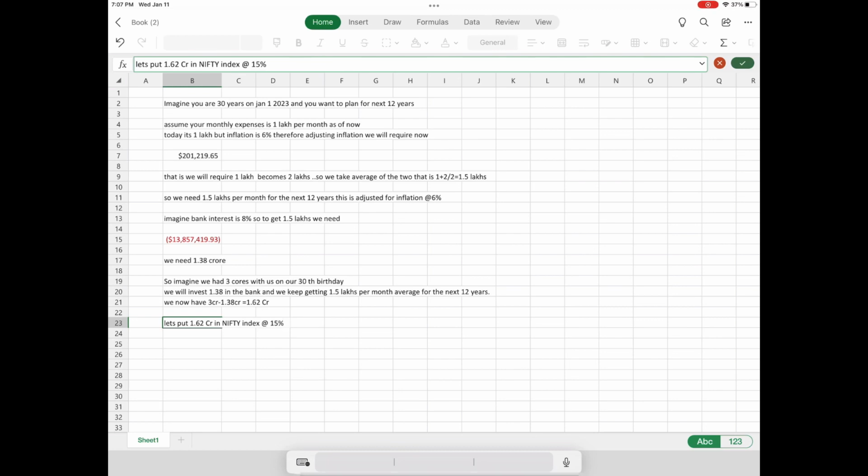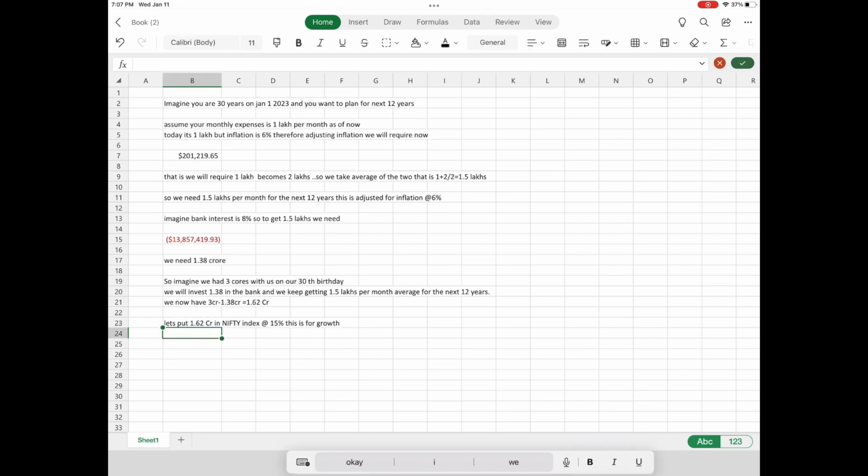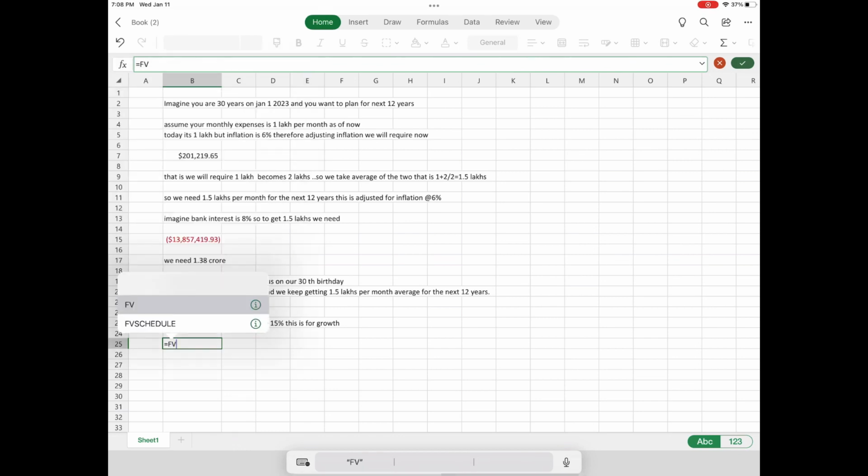Let's understand once again the future value of 1.62 crores now. So again go to the next cell and put future value. Today I have 1.62 crores, correct? So how much will it be worth after 12 years? Put equal to FV and put bracket.